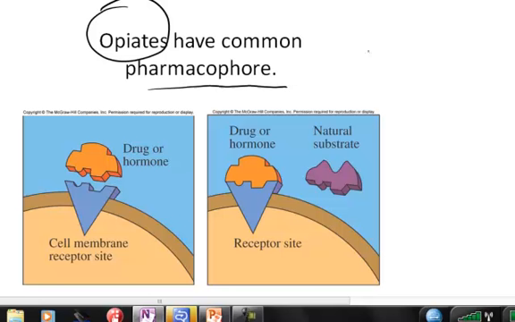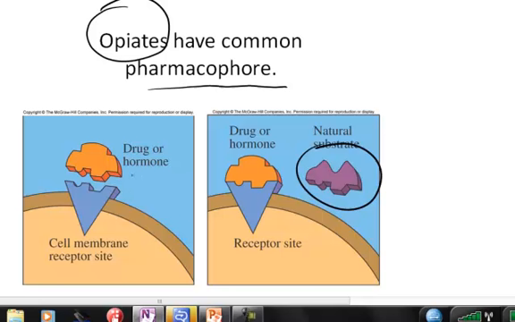So if this were, say, a nerve cell membrane with a receptor site on it, your natural substrate, say your neurotransmitter, would fit into this receptor site, which would then channel the message along that nerve to the next nerve, and so on.